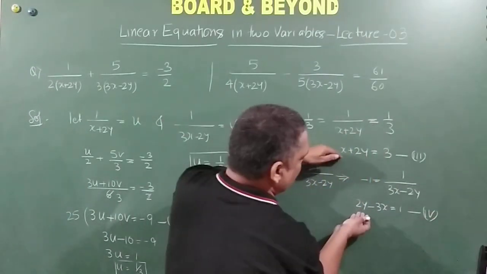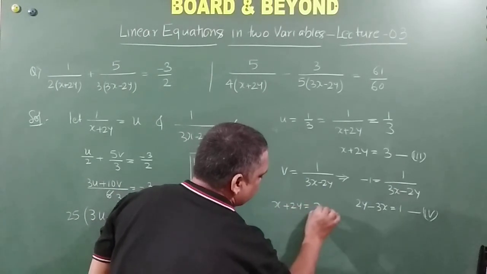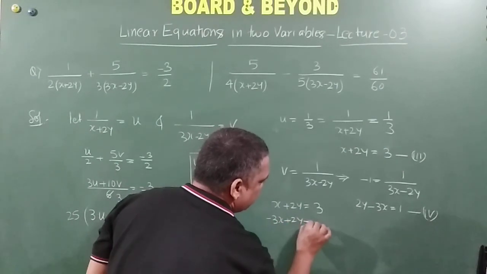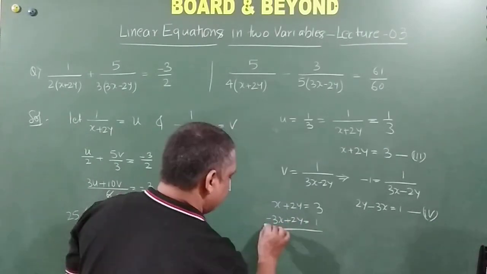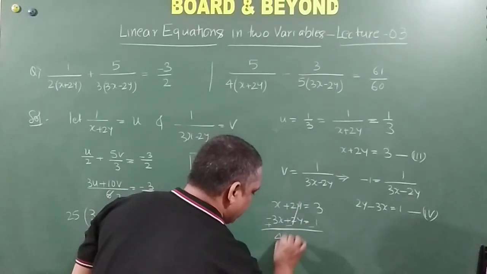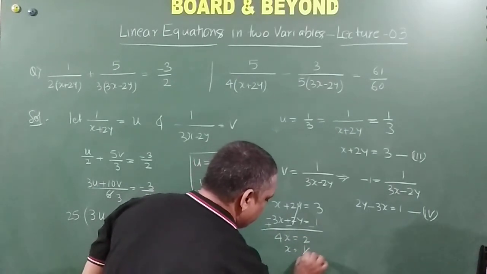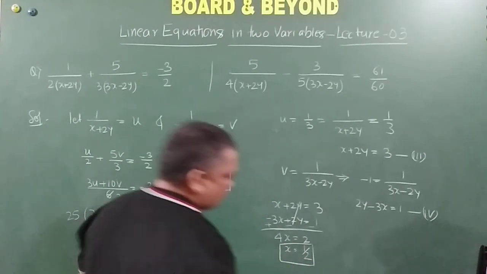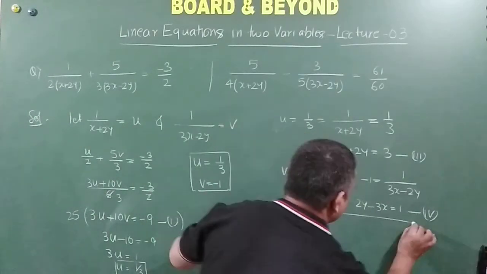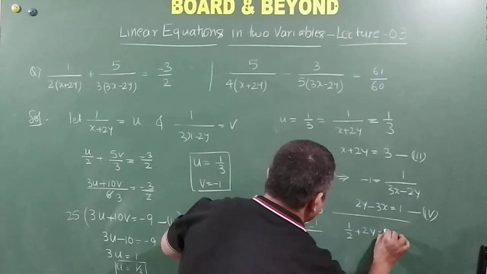Now I will try to solve these two. So x plus 2y is equal to 3 and minus 3x plus 2y is equal to 1. Let me subtract. This becomes plus, this minus and this minus. So this gets cancelled. This becomes 4x is equal to 2, right, friends? So x is equal to 1 by 2. So we have got the value of x. Now putting the value of x here: x is equal to half, plus 2y is equal to 3.